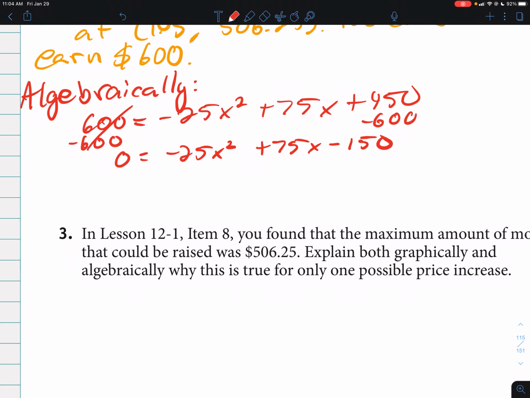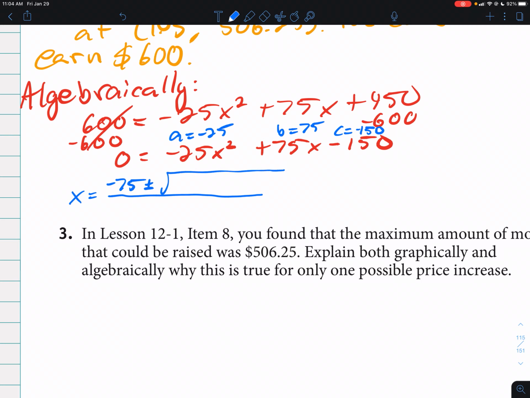We could try to factor it, but we've learned about the quadratic formula, so we're just going to use that. So I'll identify my a, my b, and my c, and plug it in. x equals the opposite of b plus or minus the square root of b squared minus 4 times a times c, all over 2 times a.